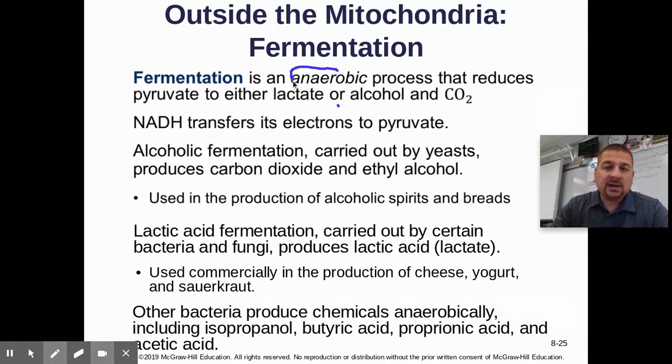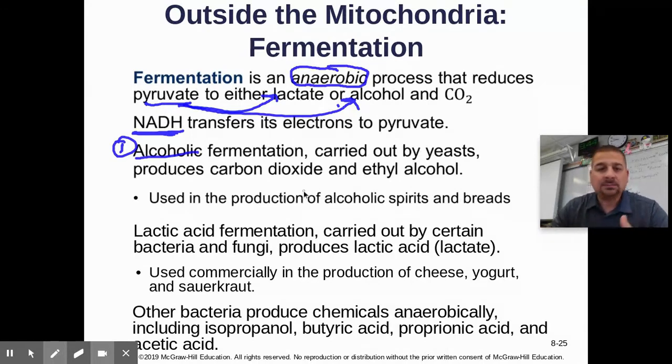So just a reminder, fermentation is an anaerobic process that reduces pyruvate either into lactic acid or alcohol or some other things you'll see here in a second, which frees up the NADH back to NAD plus and allows glycolysis to continue. Of the major types, alcoholic fermentation carried out by yeast makes our alcoholic beverages, spirits, also breads.